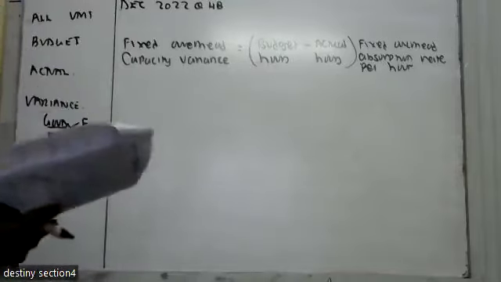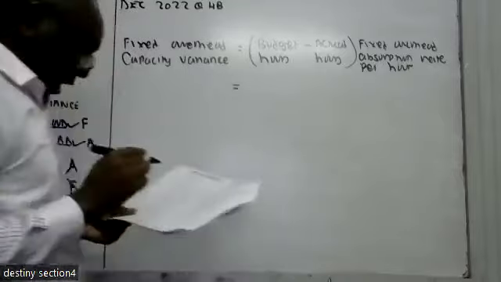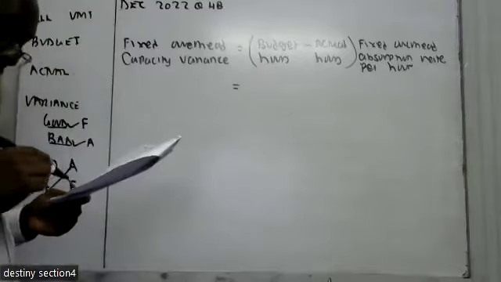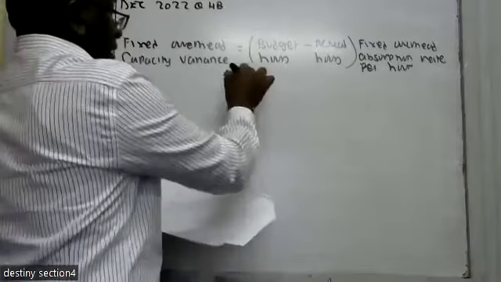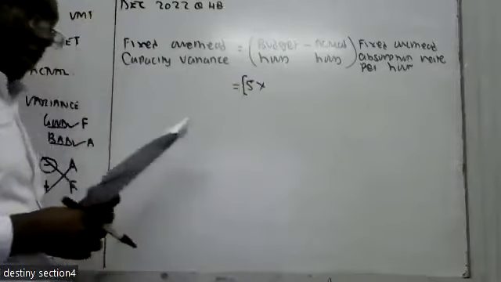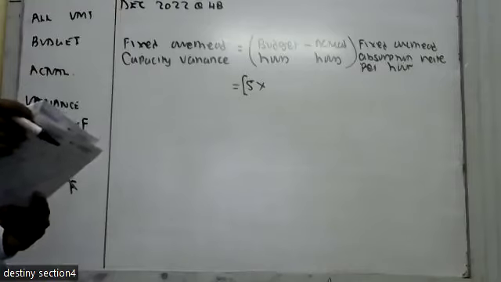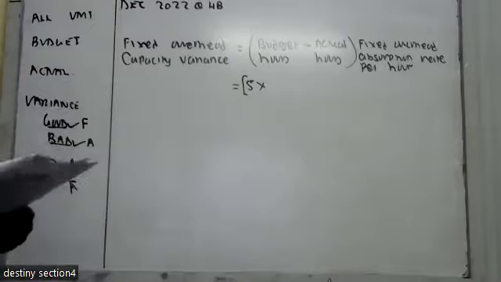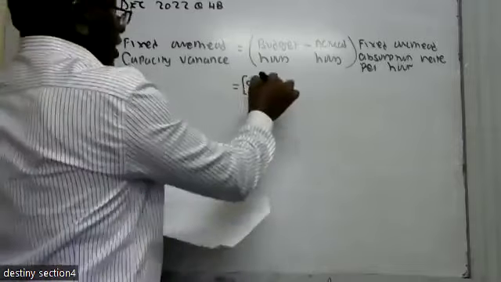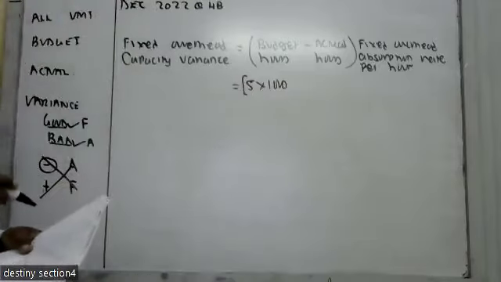So in this one, narudi hapa unasema kulingana na our budget, one unit was supposed to take 5 hours. Na budget yetu ilikuwa to make how many units? The monthly budget projects a production and sales of what? 1,000. So kulingana na our sales, we had budgeted to make 1,000.